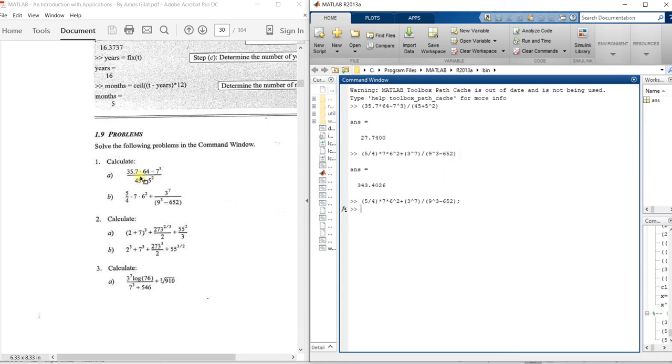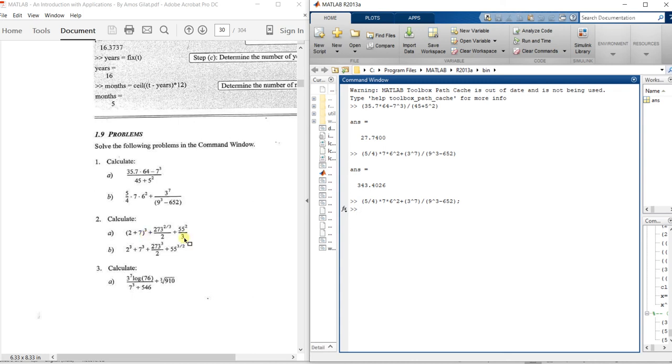The second problem has more arguments. The problem is 2 plus 7 the whole power 3, plus 273 whole power 2 by 3, the whole divided by 2 plus 55 square divided by 3. If you put it in a single statement, we put each term in brackets.